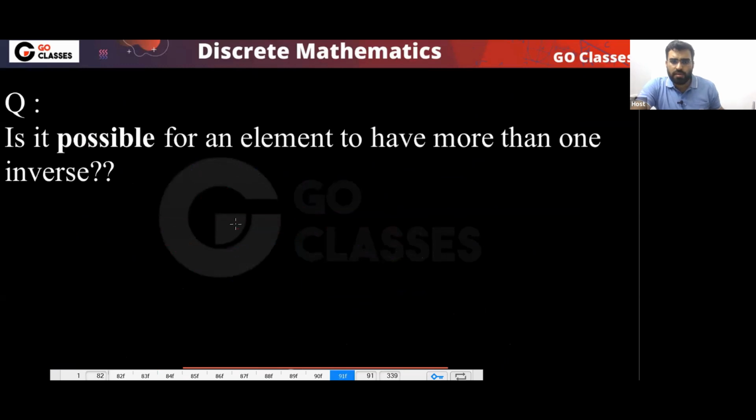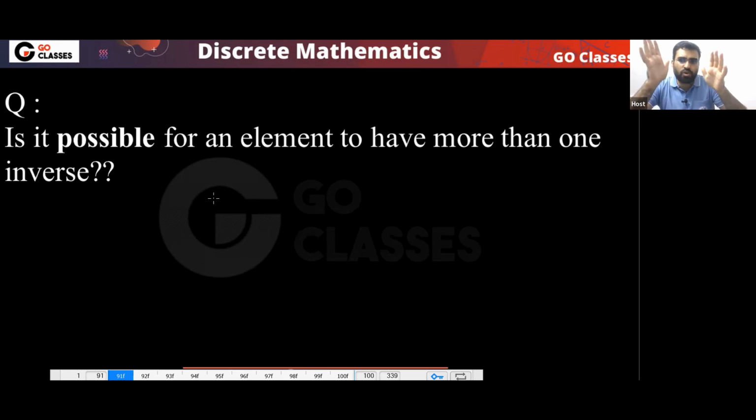Is it possible for an element to have more than one inverse? Many students are saying no, because they have already studied group theory, where they have learned that for a group this cannot happen.